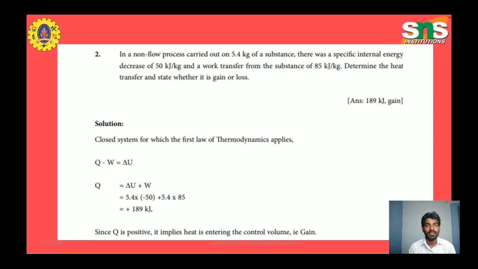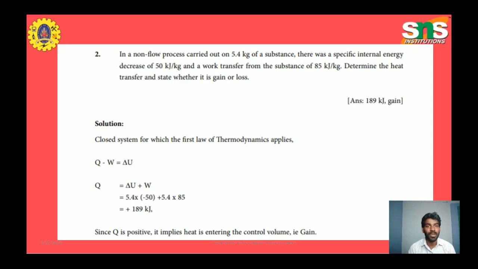From the solution part, in a closed system for which the first law of thermodynamics applies, the equation is Q minus W is equal to del U. Q is the heat transfer, W is the work done, and del U is the change in internal energy. We rearrange this equation: Q is equal to del U plus W. We substitute the values of del U and the work done from the given data.